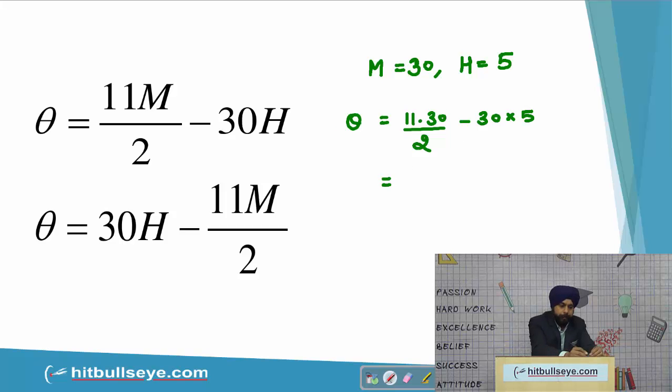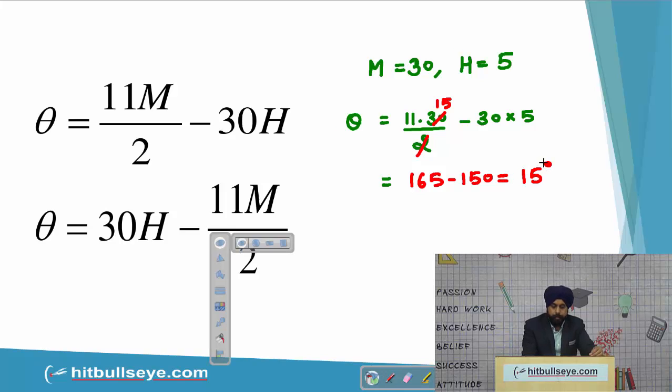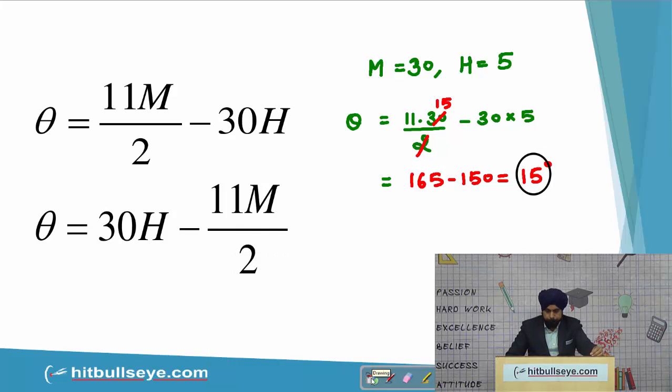So students, here 11 into 15 is 165 minus 150. Our answer happens to be 15 degrees. So 15 becomes our answer. Right, students? If you apply the second formula, you get a negative answer.